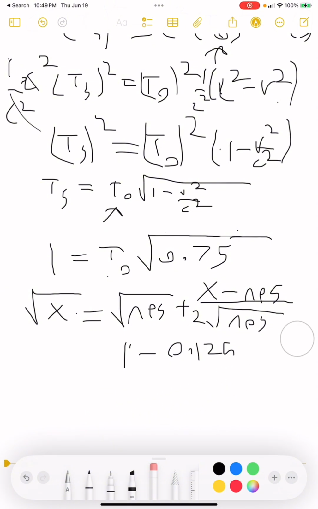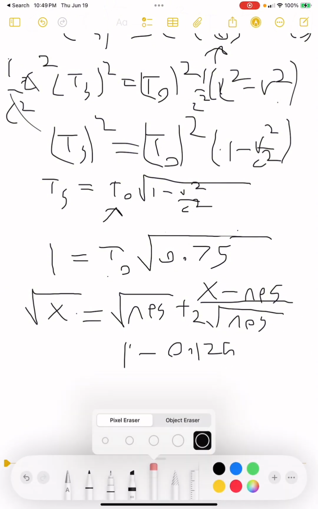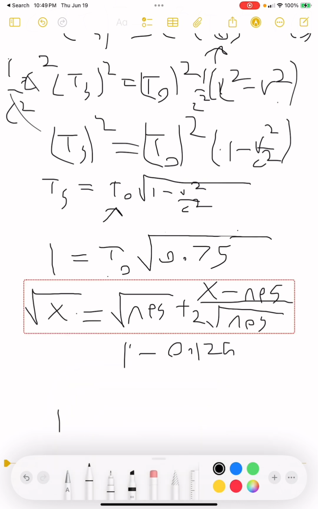So if 1 second passes for us, 0.875 seconds will pass for them, assuming that we're going half the speed of light. So if you were to go a minute, which is 60 seconds, we already know that it would be 0.875 of a minute.